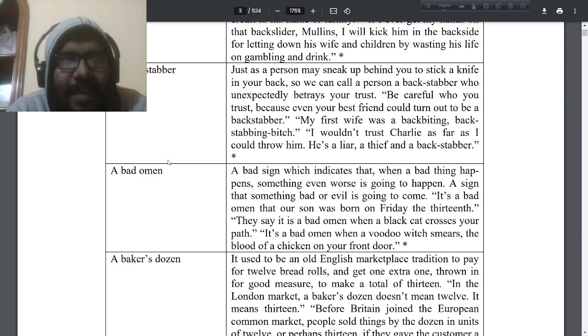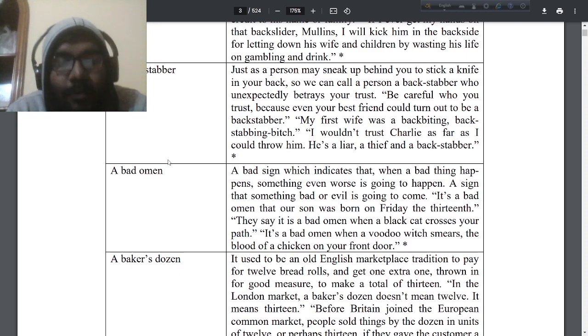So this is a sign or indication that something bad will happen. They believe that if a black cat crosses their road, then something bad will happen. If glasses break in the house, then something bad will happen. These are omens, which we can call superstition, unnatural things which never actually exist.